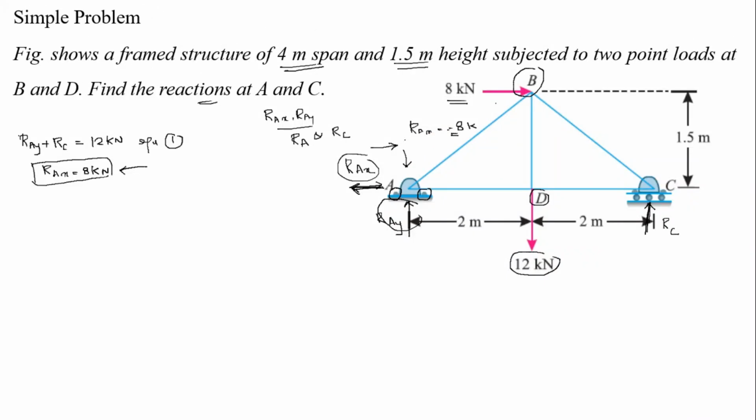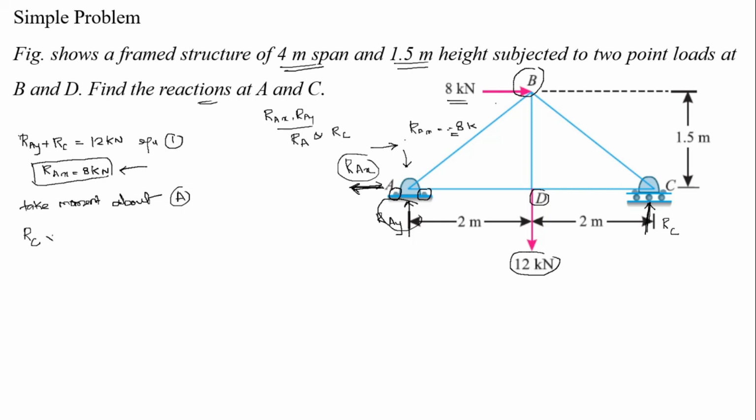So now we have to take moment. Take moment about any point, A or B. Now we are going to take moment about A, right. Clockwise moment is equal to anti-clockwise moment. So R C into the perpendicular distance 4 meter, R C being anti-clockwise.